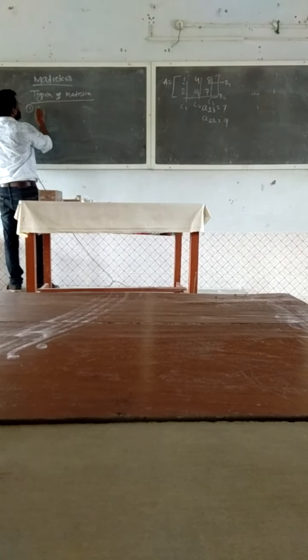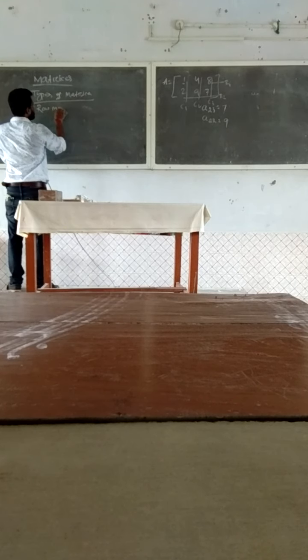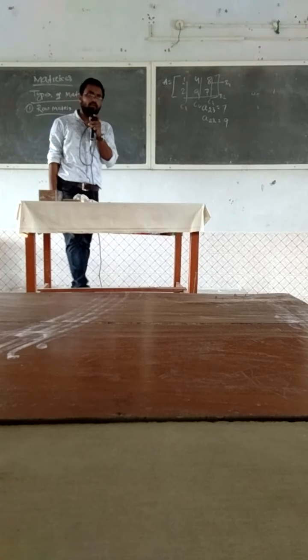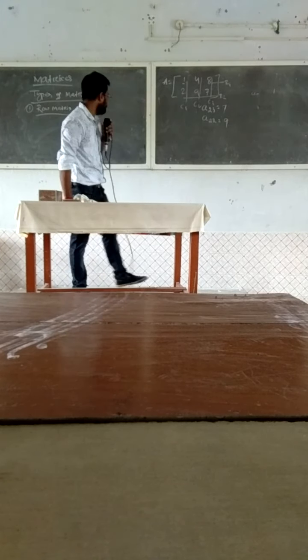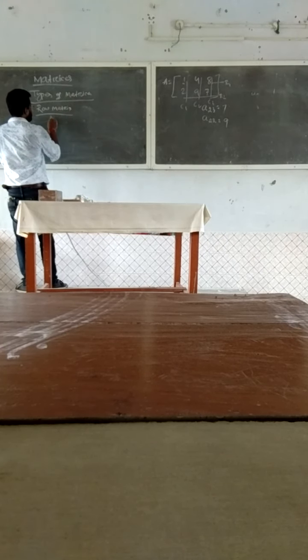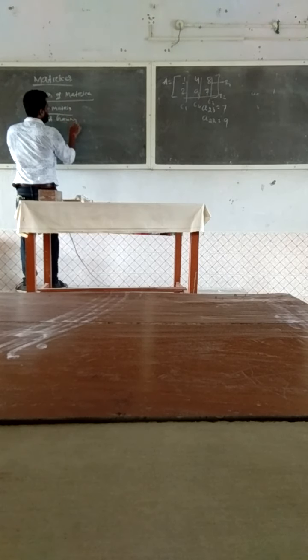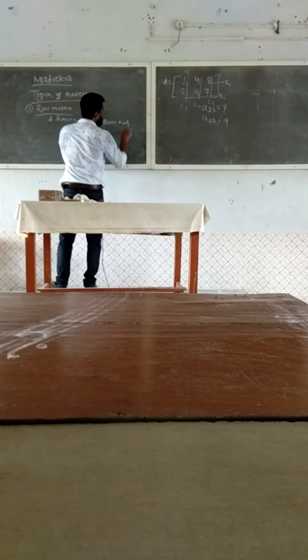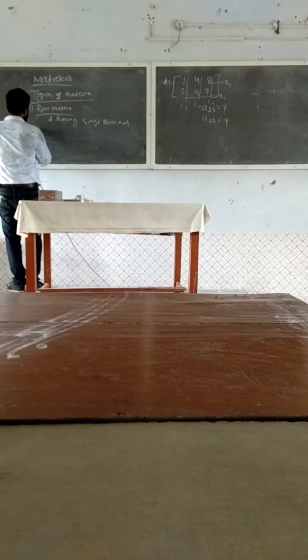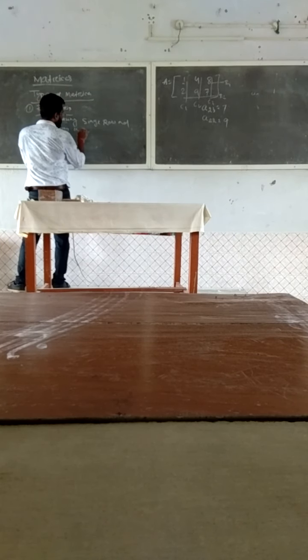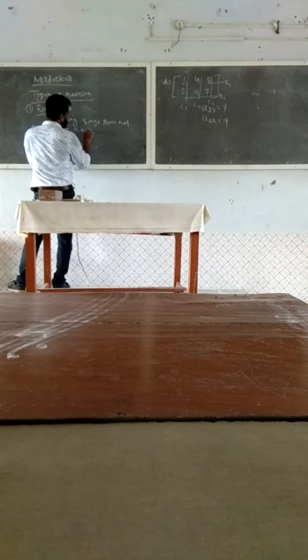First is the row matrix. A matrix having a single row is known as a row matrix. That means a matrix having a single row and more columns is known as a row matrix.